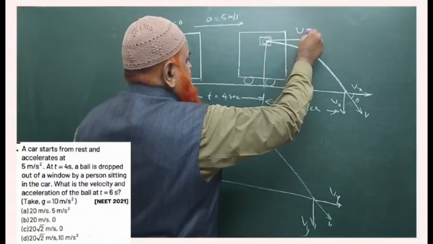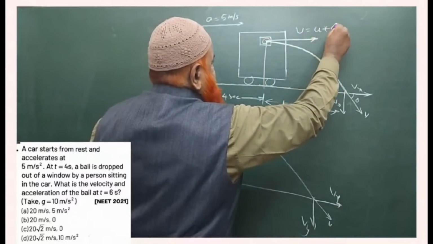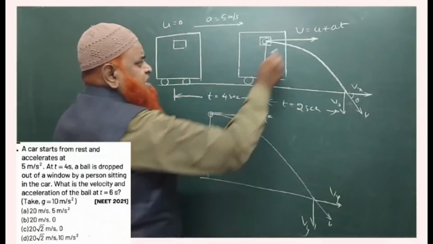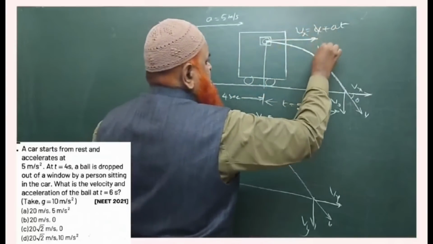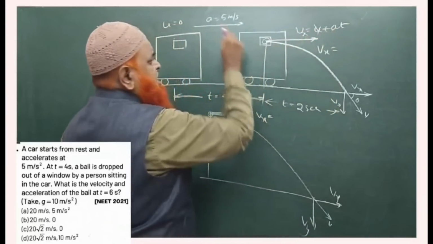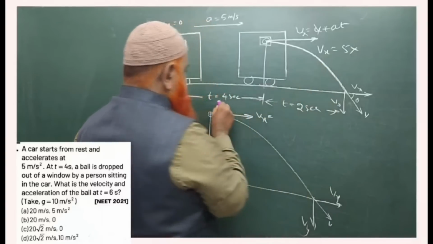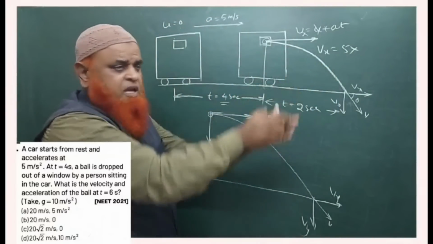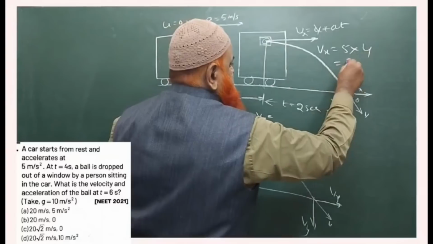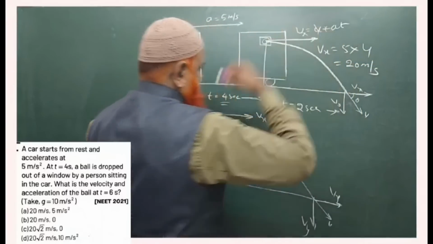So the velocity of the car is going to be u plus a into t. That is considered as the horizontal velocity. u is going to be 0 and Vx is going to be a t. What is a here? 5. And after 4 seconds it has been thrown, so it took 4 seconds to travel from here to there. Then you can write 5 into 4, which is equal to 20 meters per second.